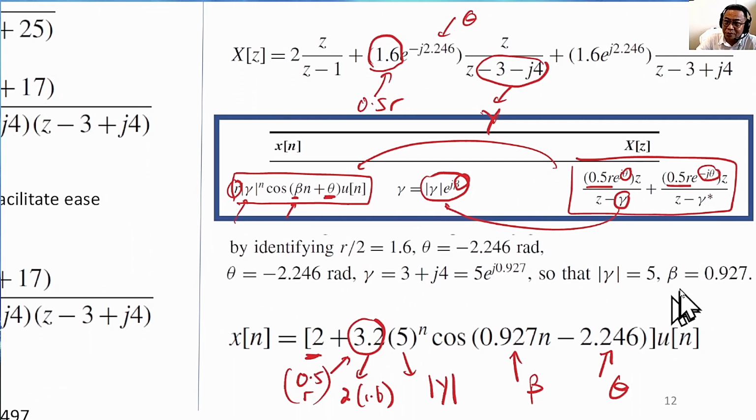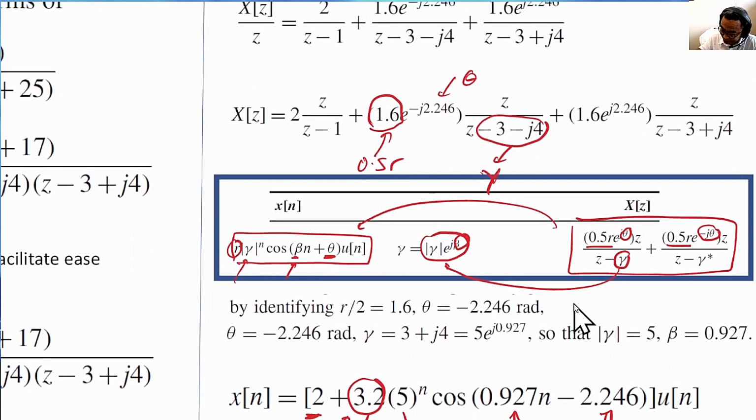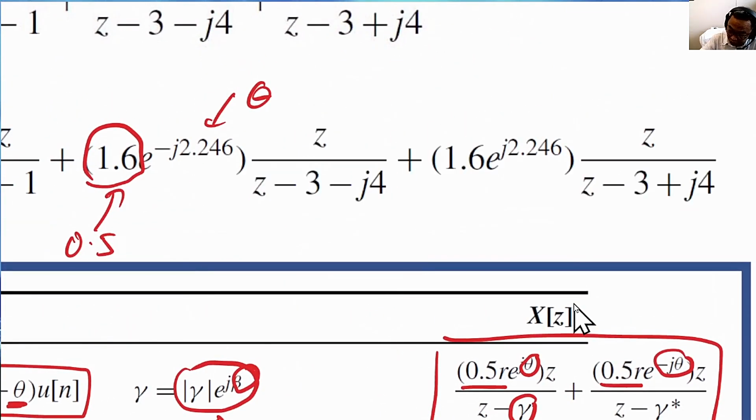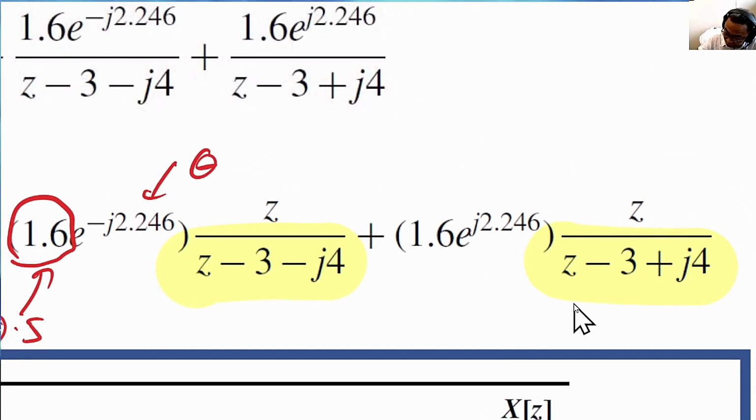Now you might be wondering which one to choose, right? Because there are two complex conjugates. What I would advise you to do is to draw where they are. So this is z. First draw a unit circle.